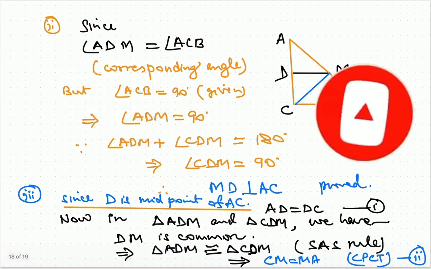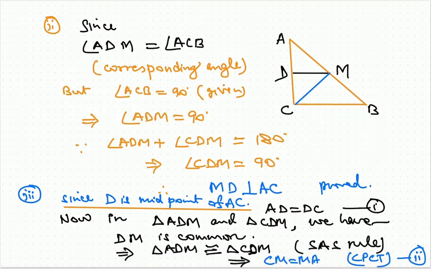Now, since angle ACB is 90 degrees, and ADM is the corresponding angle, it also becomes 90 degrees.